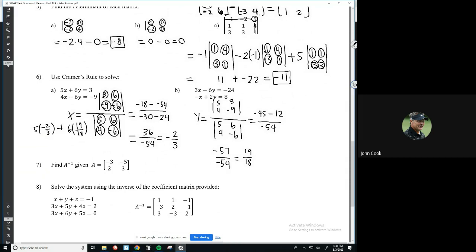Well, let's see here. 5 times -2 is -10, so -10 over 3 plus, and the 6 and the 18, those both divide by 6, so that'd be 19 over 3, so that'd be a positive 9 over 3. Yeah, that is 3. Those are the answers. That's x and also y, and a pretty easy way to get it through Cramer's rule.